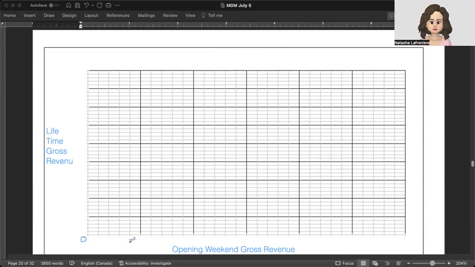We're going to do it by 50 million: 50 million, 100 million, 200, 250, and 300.